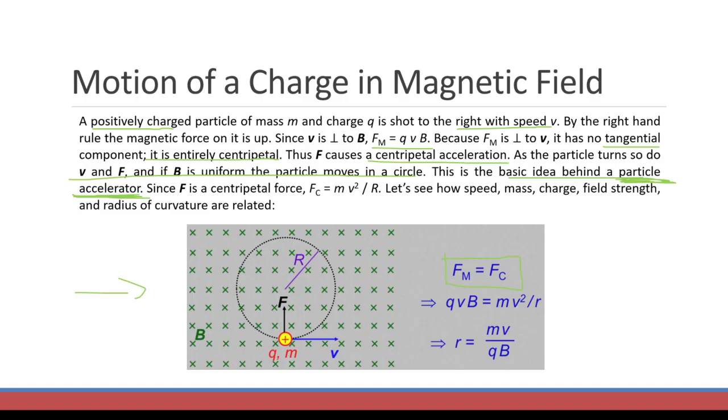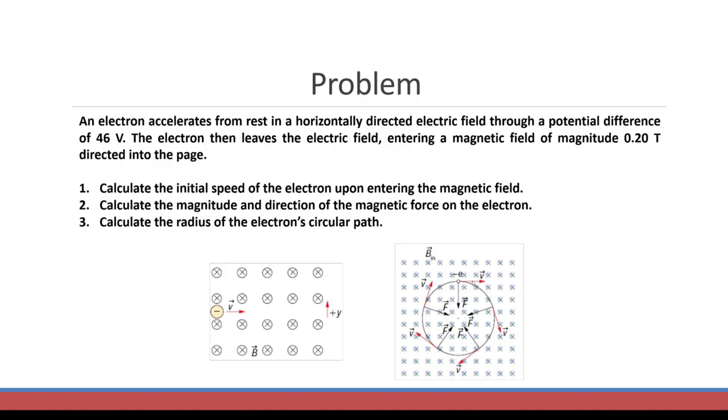Plug in our centripetal force formula we're very used to, mv squared over r, and our magnetic force formula without the sign, because it's still there, it's just equal to 1 since they're perpendicular. If we solve for r, we get mv over qB, which is something that's not easily measurable, but you can find this radius using this method.